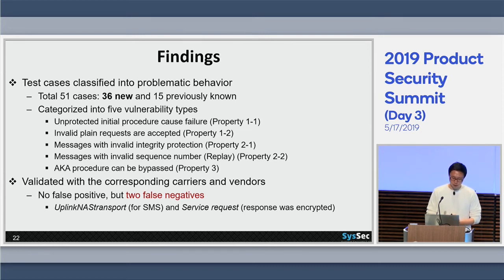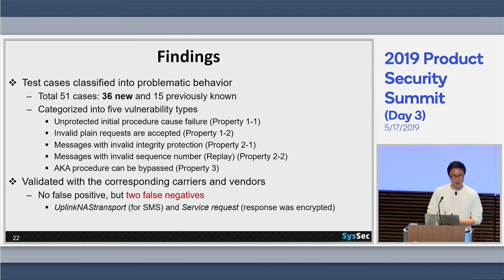These vulnerabilities are mainly categorized into 5 vulnerability types. We also validated our findings with the corresponding carriers and vendors. As a result, there were no false positives, but there were 2 false negative cases. One is for an SMS test case.